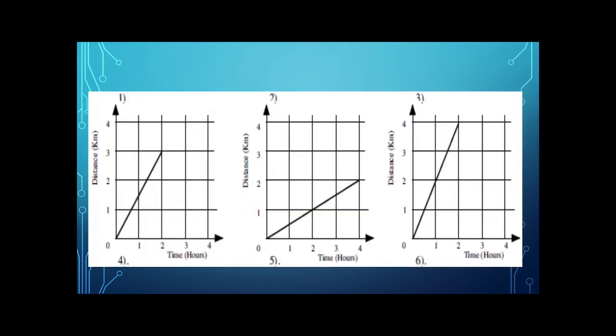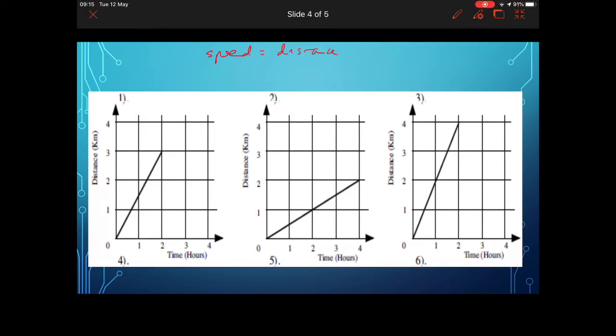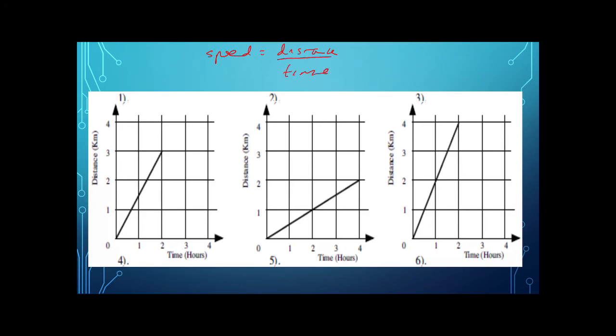Okay, in these questions, we're actually going to calculate the speed. So let me just remind you that speed is distance over time. Okay, so in this first question, we have a distance of 3 kilometers, and we achieved that at a constant rate over 2 hours.